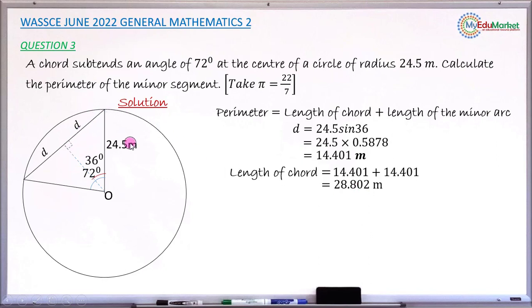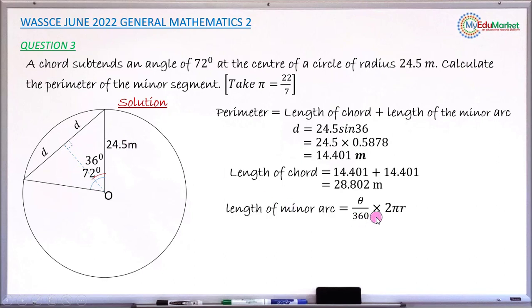So next, you now find the length of this minor arc. Remember, the length of an arc is given by the formula theta over 360 multiplied by 2 pi r, where theta is now the angle subtended at the center, which is this angle 72, and the radius is the radius of the circle, which is 24.5.